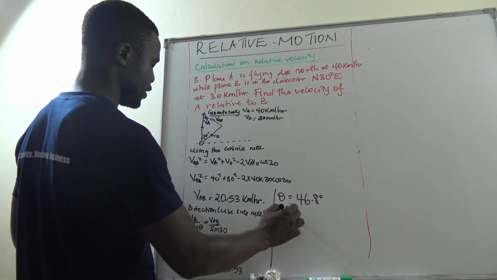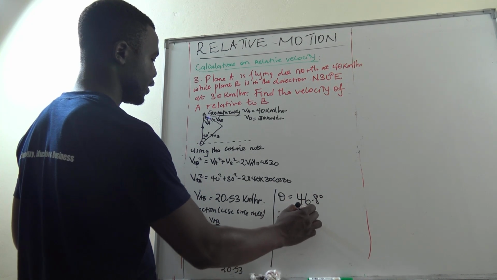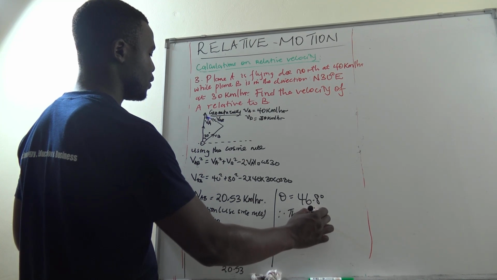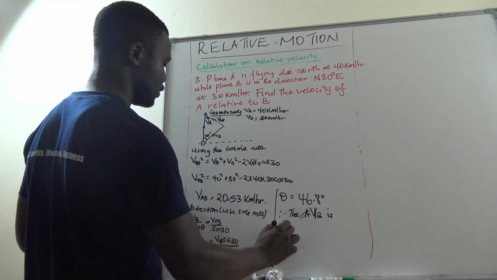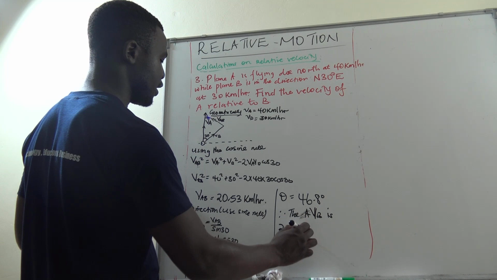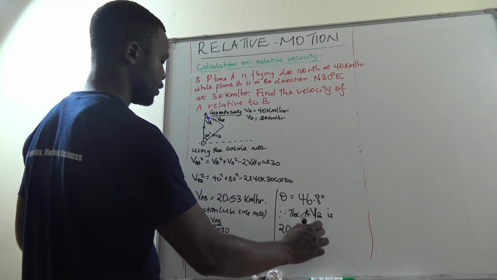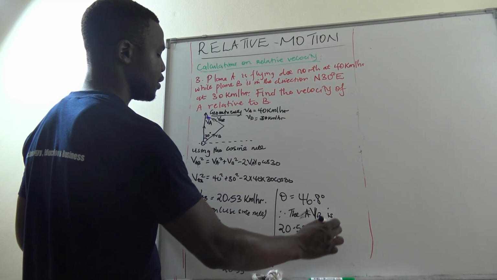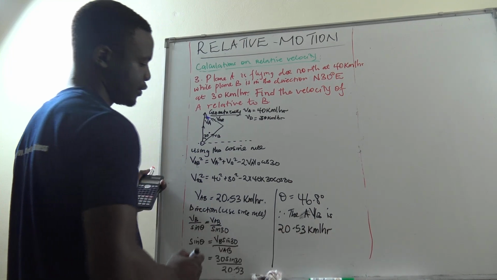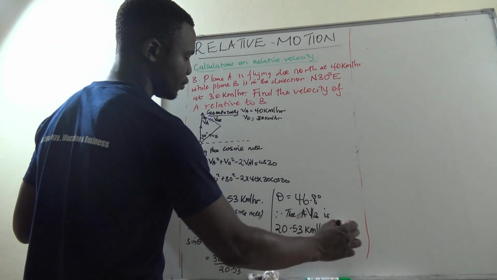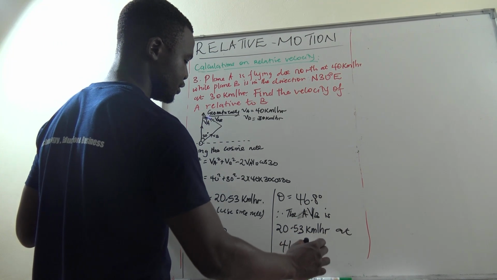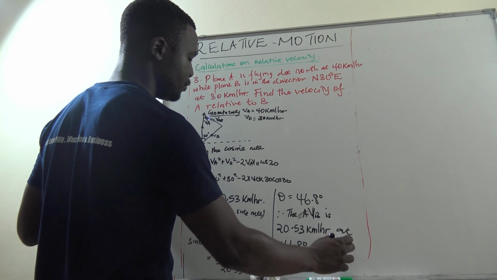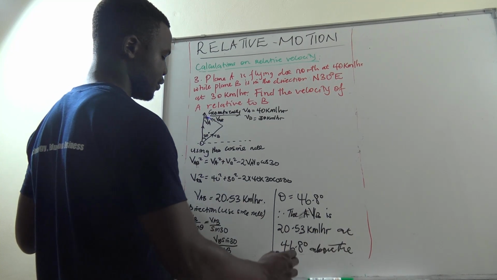We conclude that the velocity of A relative to B is 20.53 kilometers per hour at 46.8 degrees above the horizontal.